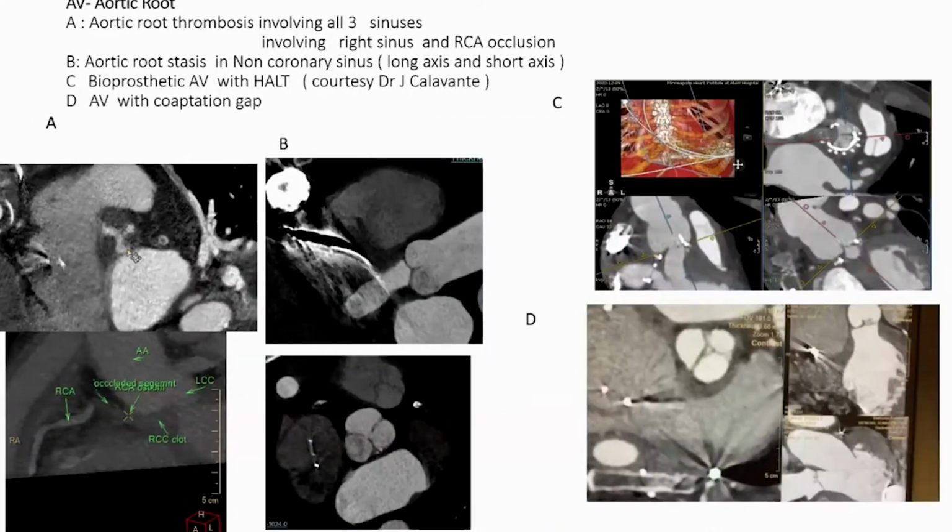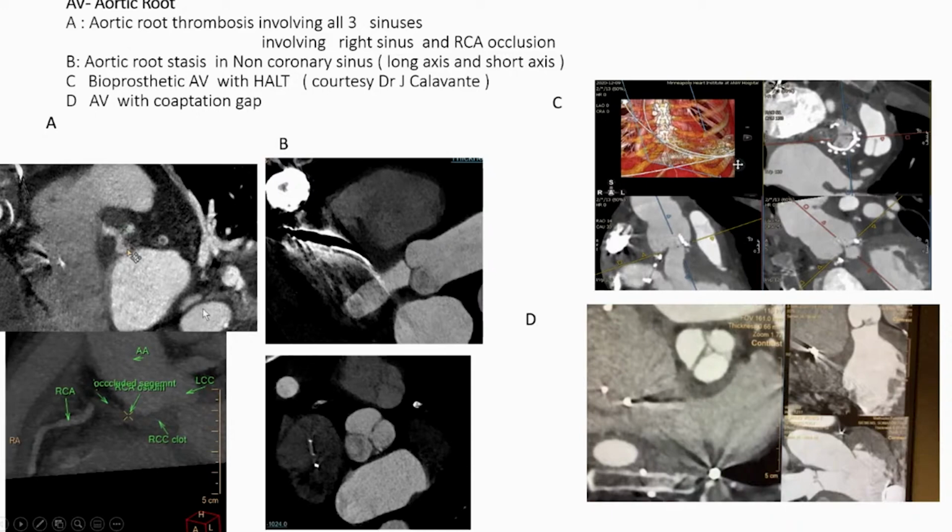And the other major structure that we like to analyze is the aortic root. Thrombosis happens, especially could be related to the aortic valve closure. So you can see this thrombosis in all three coronary sinuses. The traditional teaching is that the non-coronary sinus is more likely to have thrombus because there's no coronary flow. But our experience has been it could happen anywhere.